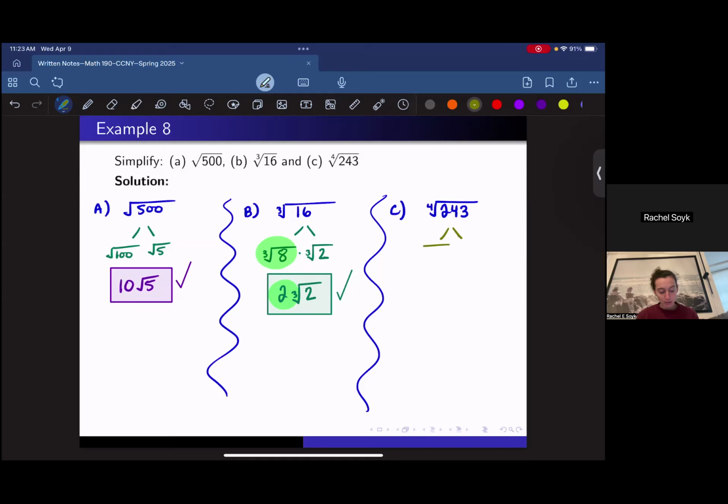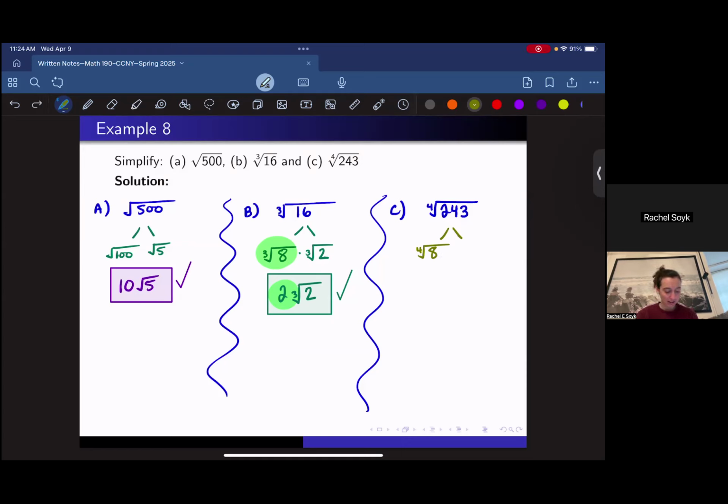We can break this up into the fourth root of 81 and the fourth root of 3. And actually, I don't think we can even break it up like that because we can't solve it then. We'd have to keep it together.